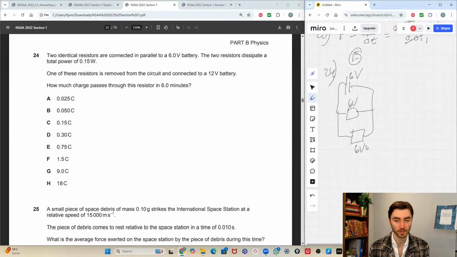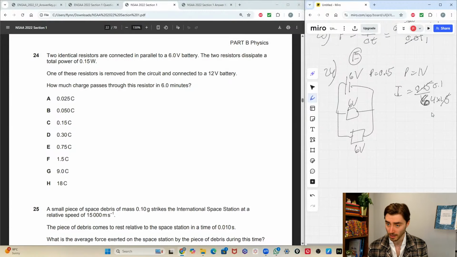That is 6 volts. But also that total power dissipated means that's the power there. And P equals IV. So the current is the power over the voltage, which is 6, which is 4 times 1.5. Cancels, 0.1.